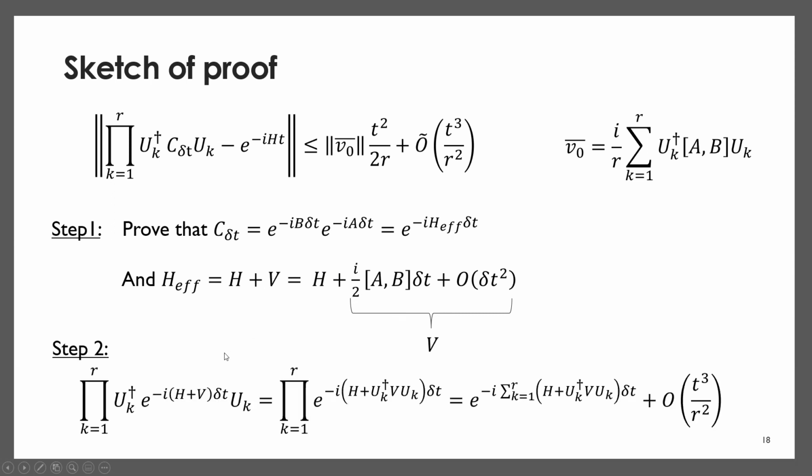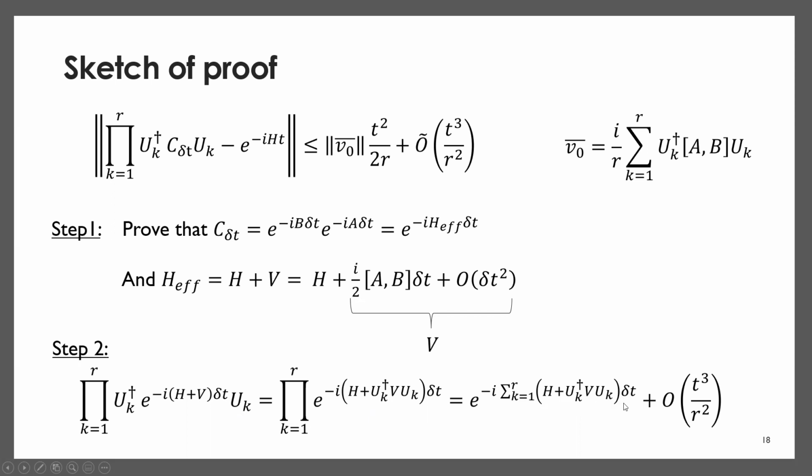After we get this effective Hamiltonian, we're going to sandwich it in between the symmetry transformation. From the first term to the second term here, we just move the unitaries to the exponent. But then we want to show that this product of exponentials can be approximated by an exponential of a sum of the terms.